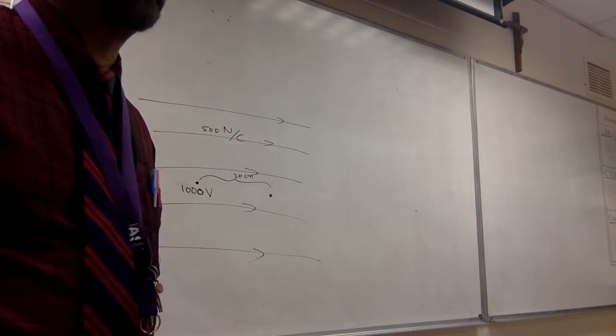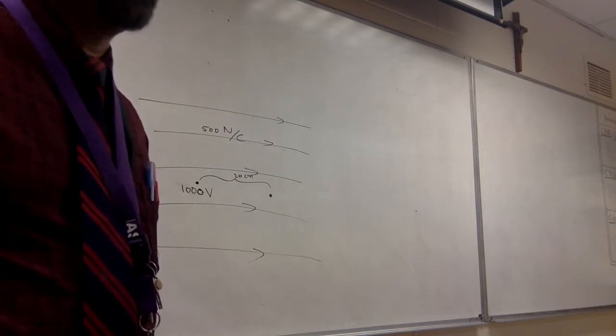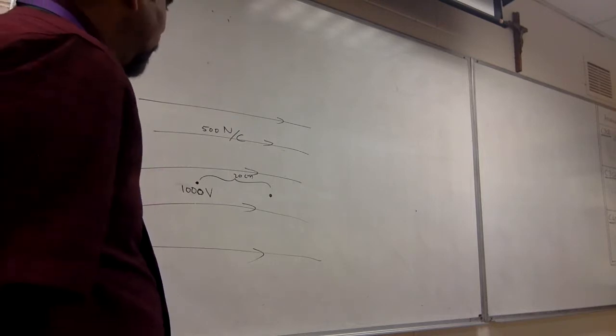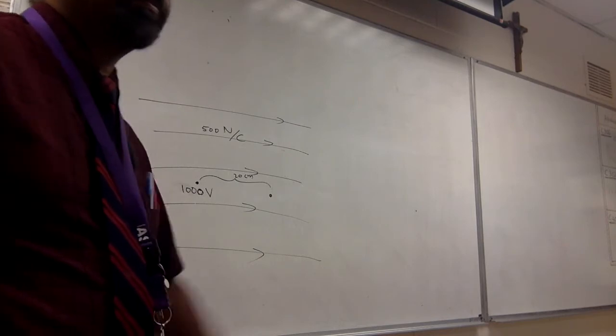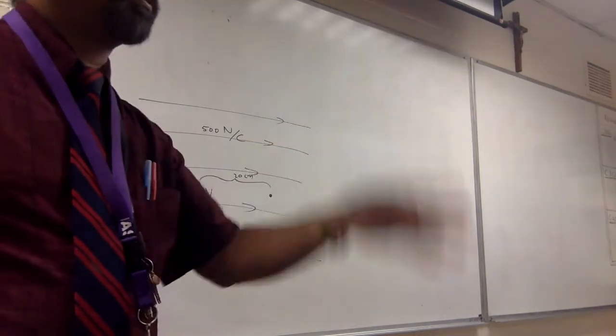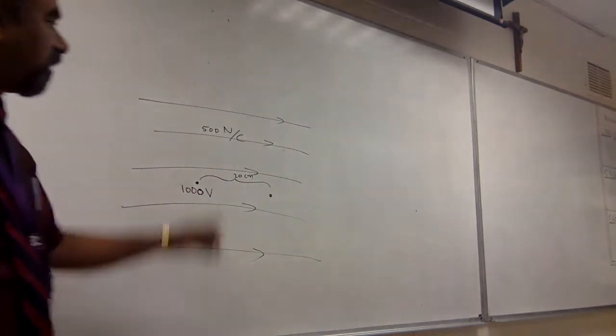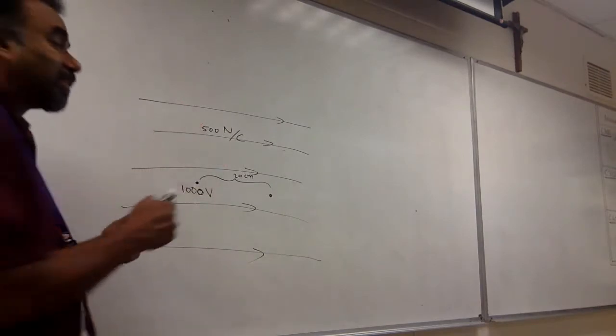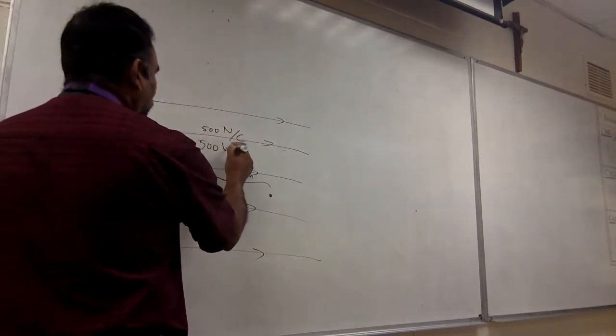Excellent. How? Since it's 500 newtons per coulomb equals 500 volts per meter, which is 50 volts per centimeter. Perfect. Yes. 500 Newton per Coulomb is the same as 500 volt per meter.